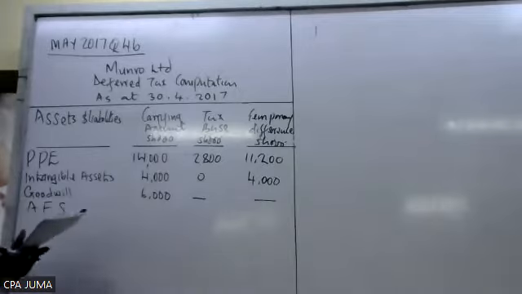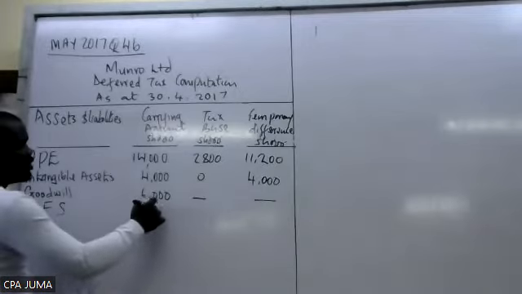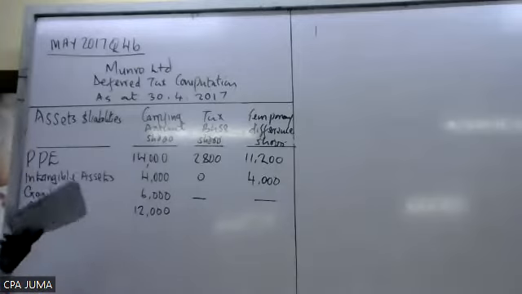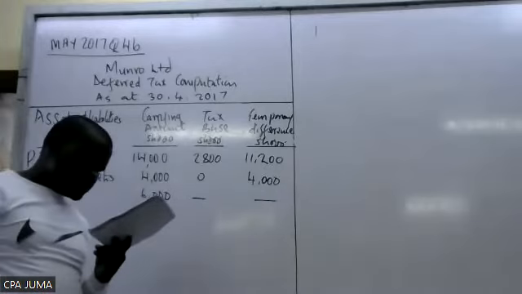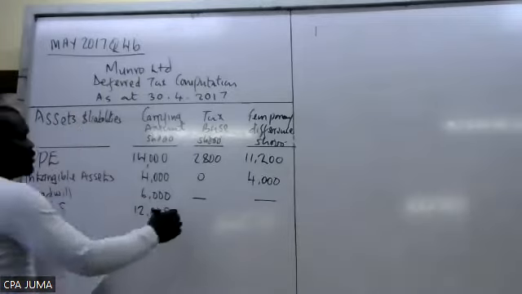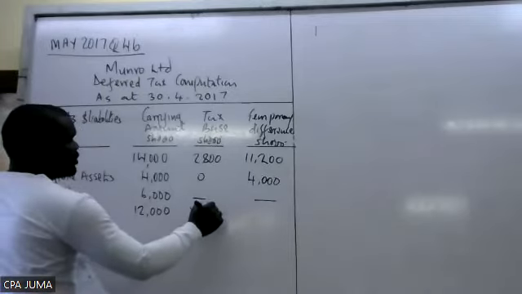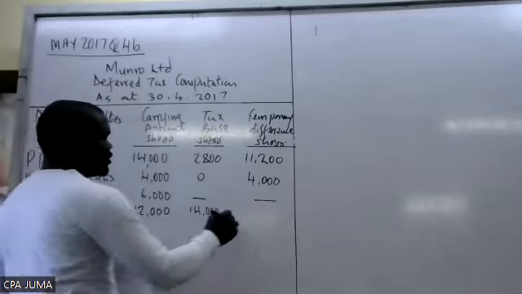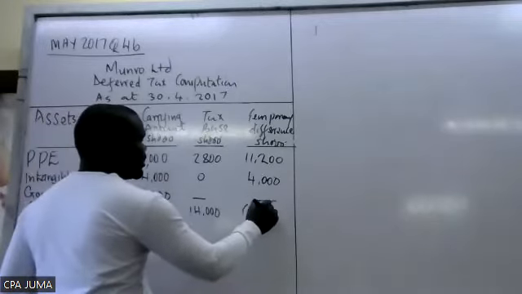That is how much? 12. Was it mentioned somewhere? Or 1. We were given how much? 14. So this is 2 negative.